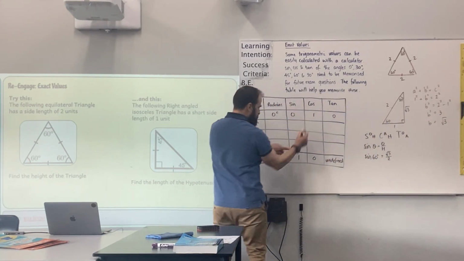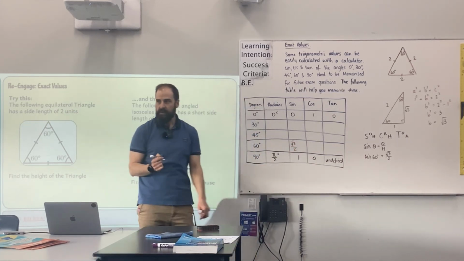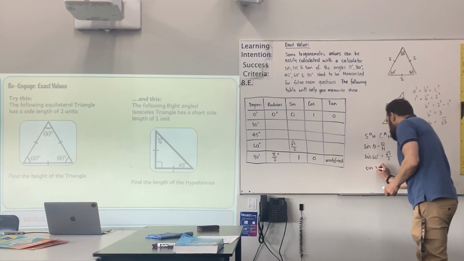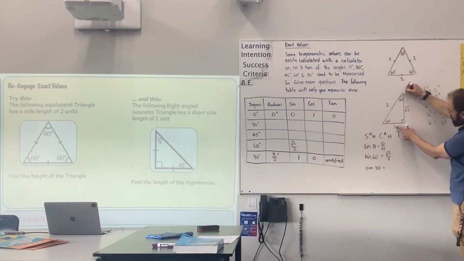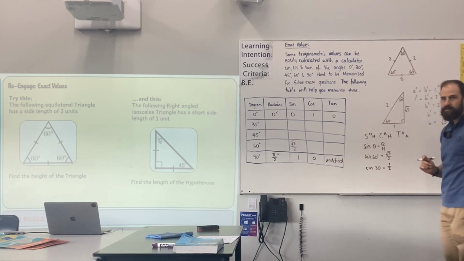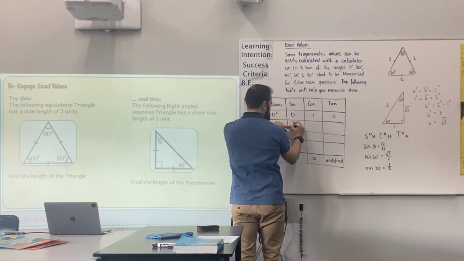Sine of 60 is root 3 divided by 2. Let's do sine of 30 degrees. Sine of 30 degrees is the opposite divided by the hypotenuse, 1 divided by 2. Sine of 30 degrees is 1 over 2.